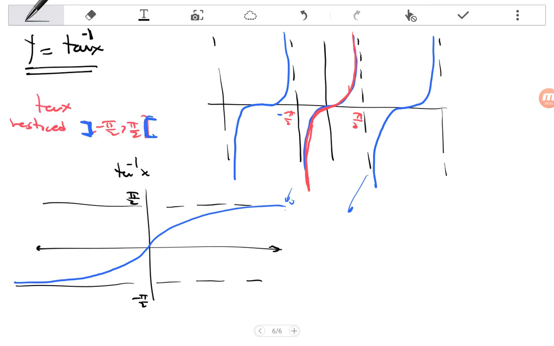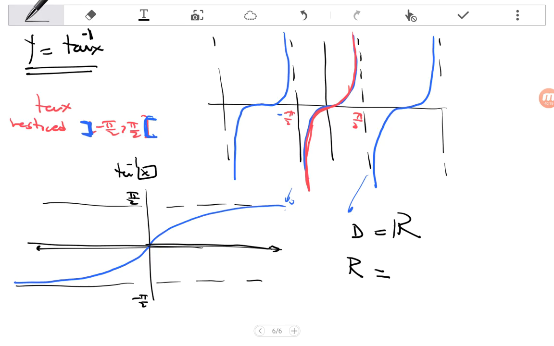So what is the domain of tan inverse x? Are there any restrictions on the input of the tan inverse? No, I may put any value as an input for a tan inverse. So the domain is just all the real numbers. What about the range of tan inverse?